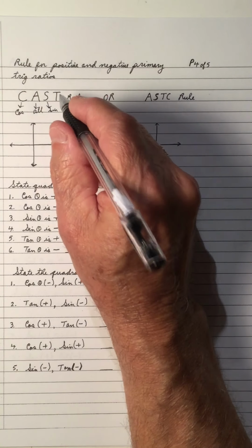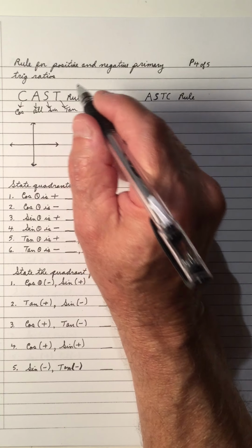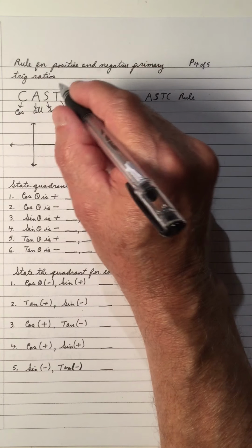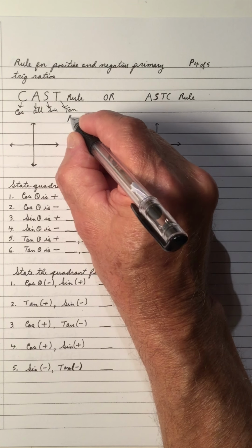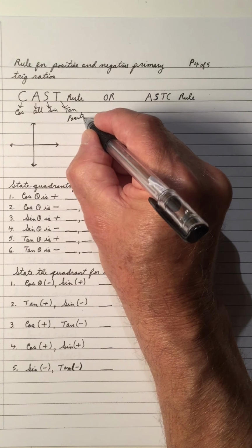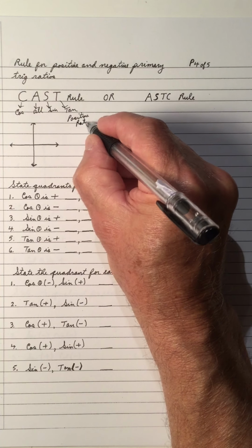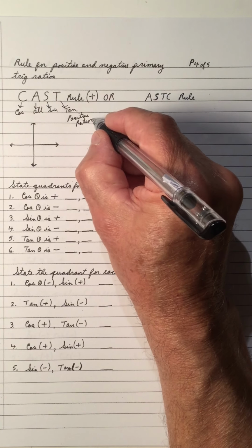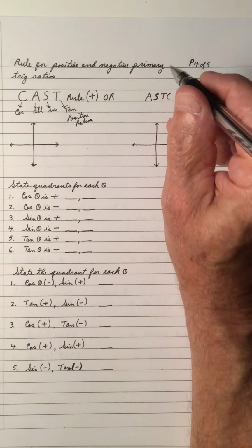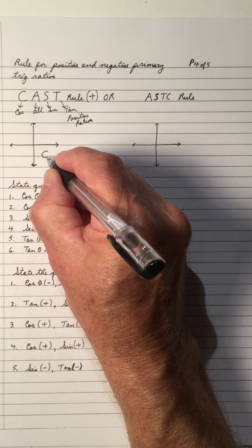The only thing about the CAST rule is that it is for positive trig ratios. But the CAST rule starts in quadrant 4.